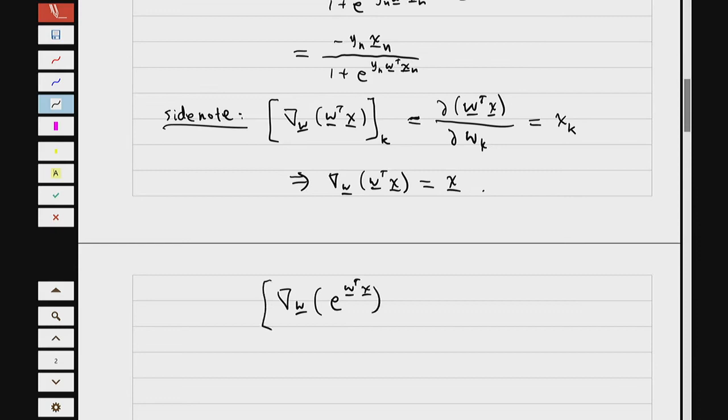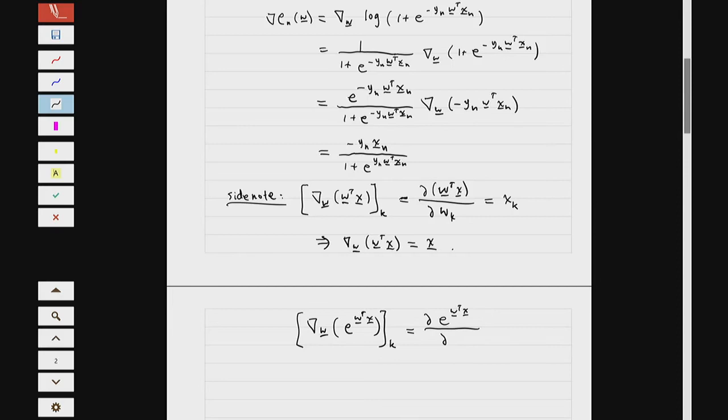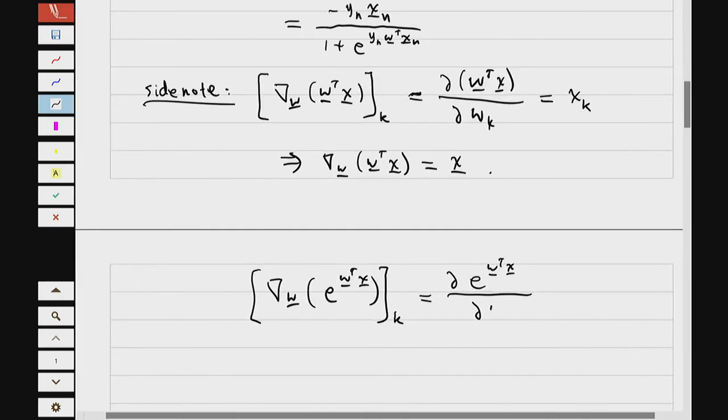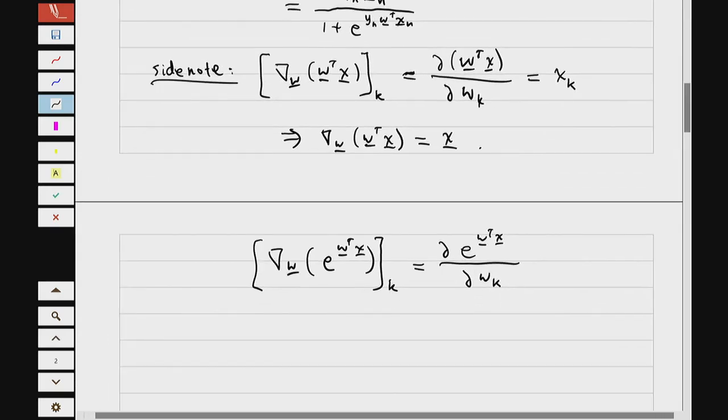Again, let's look at the case of element k: partial e to the w transpose x, partial wk. What is this equal to?